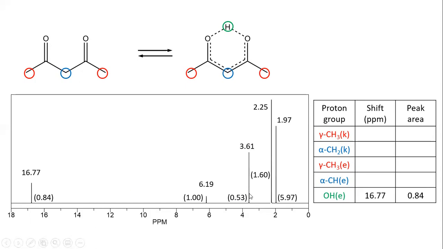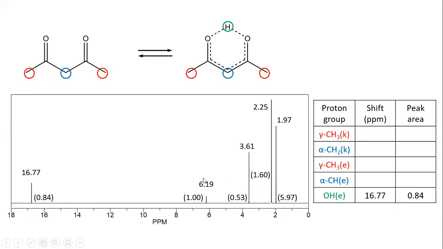Or it could be this one, 0.5, also a little bit close to 0.84, but we're not sure. The reason why I'm not using this one at 2.25 is because the ratio is 2 to 1, right? So it's not going to match. There's nothing here that has a ratio of 2 to 1 compared to my OH proton.